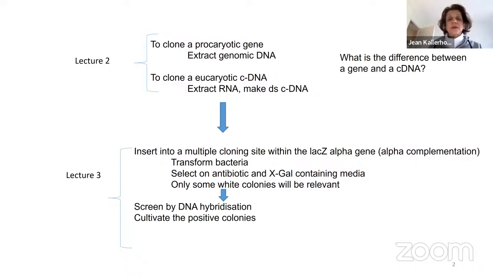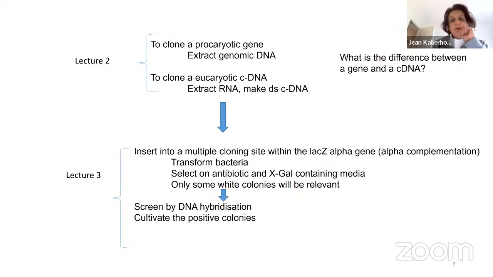Don't worry for now, we will speak about all this. How to select on antibiotic and a special medium so that we only get the good potential candidates. And how do we recognize the real candidates that are of interest to us? So how do we get the positive clones we are looking for?